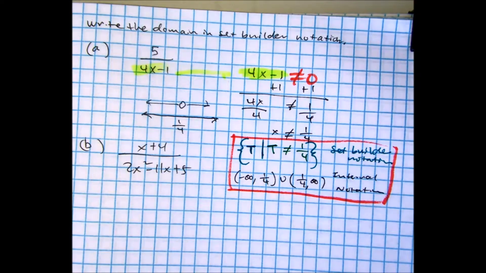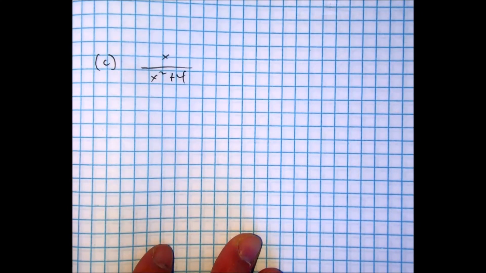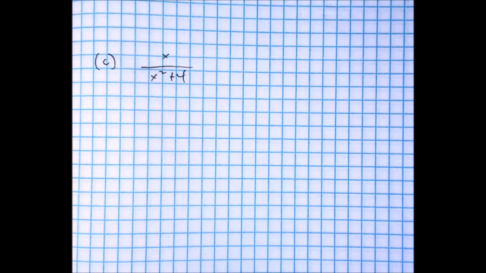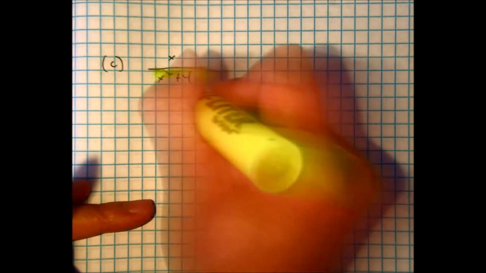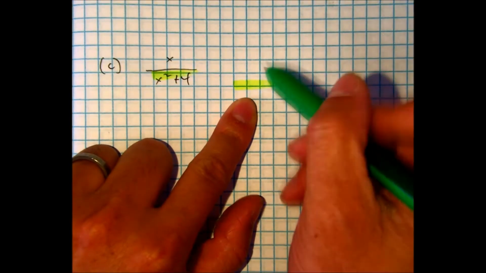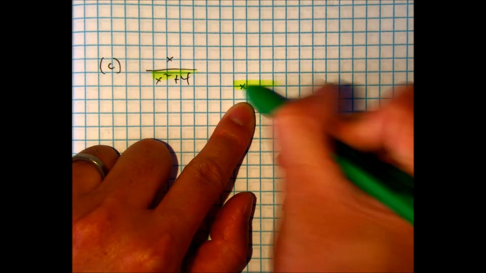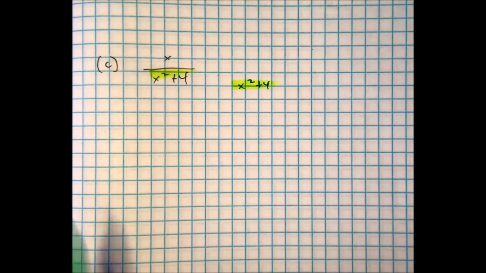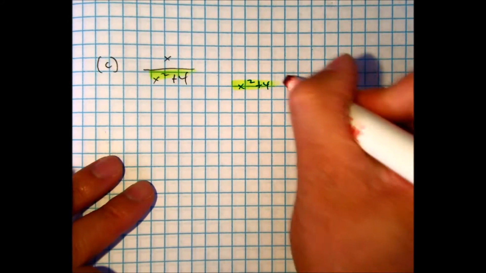Let's jump down to example C. We'll come back to example B. If I want to do C first. X over x squared plus 4. Put your finger where we're starting. Class, tell me what to write. Not equal to 0.